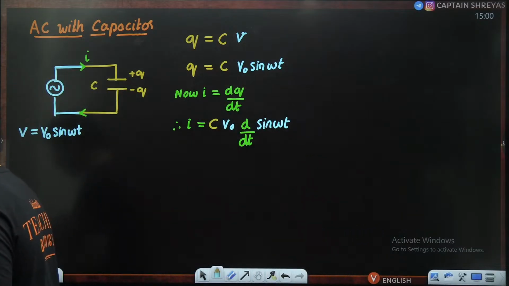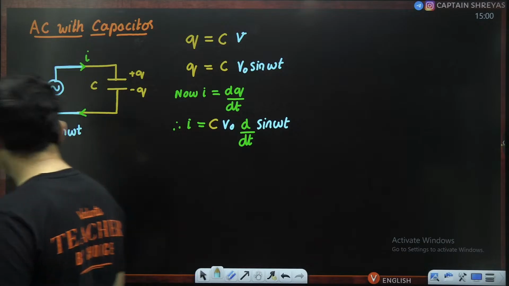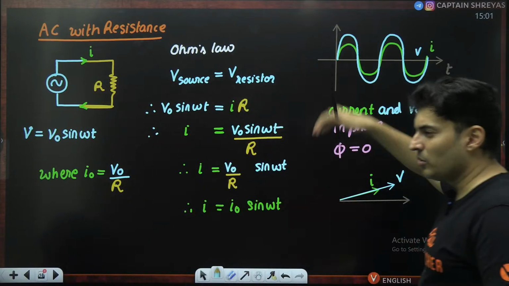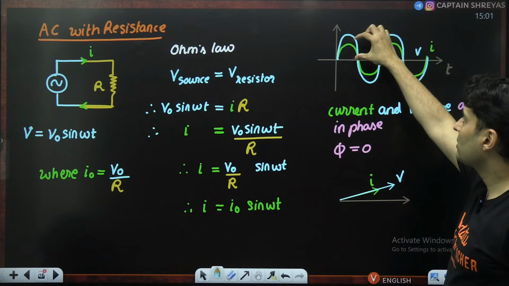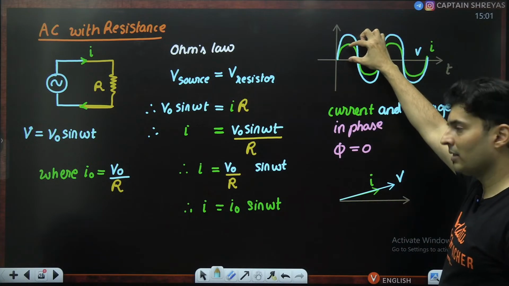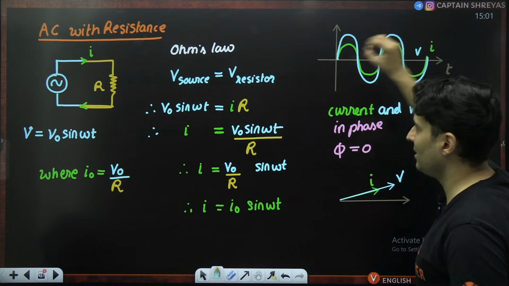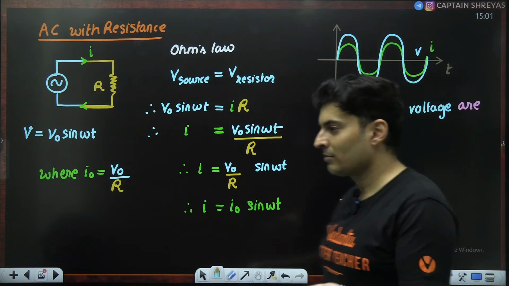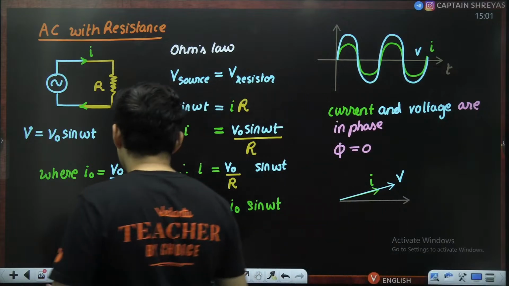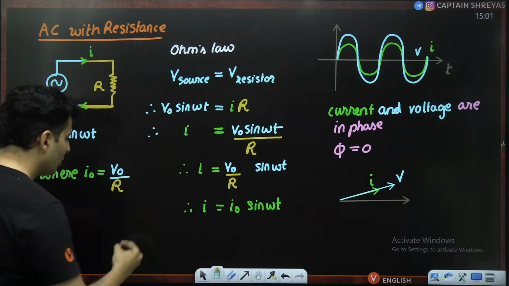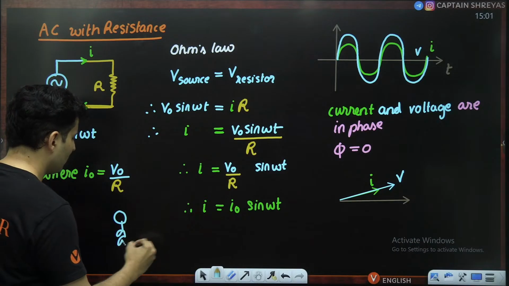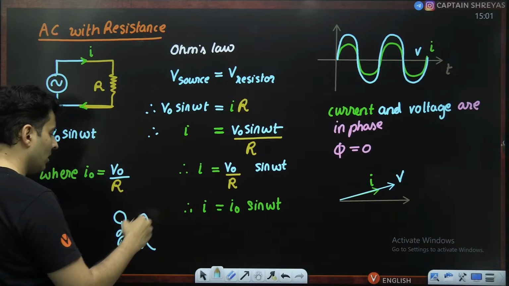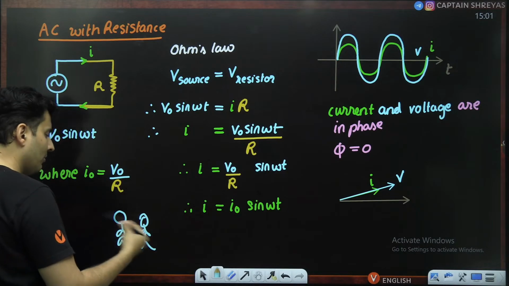If the resistance is between 0 and 1 ohm, the heights will just interchange. So don't take it literally that the voltage graph will always be taller than the current graph. It is just generic; we have to show something. It's like if I ask you to show a boy and a girl: the boy can be shorter, the girl can be taller, the boy can be fatter, the girl can be short.